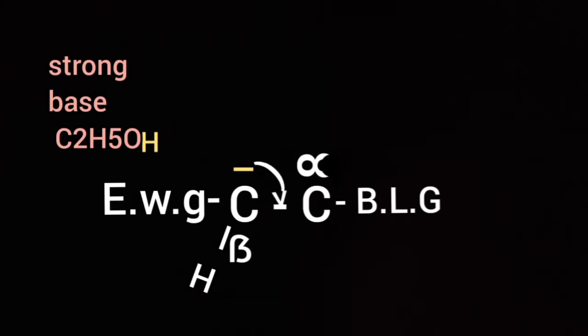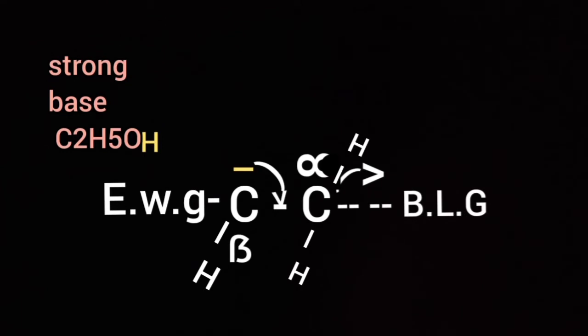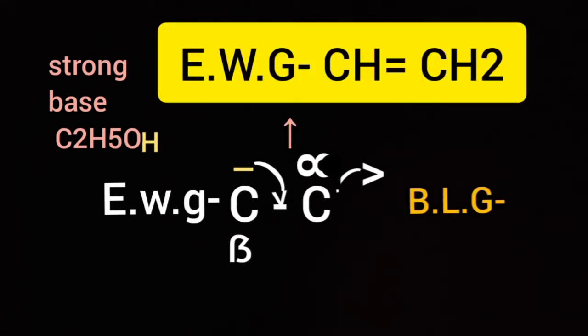The minus charge on beta carbon forms a pi bond with the alpha carbon, and the existing C to poor leaving group bond will break, and the leaving group leaves the alpha carbon and becomes a negative charge ion.